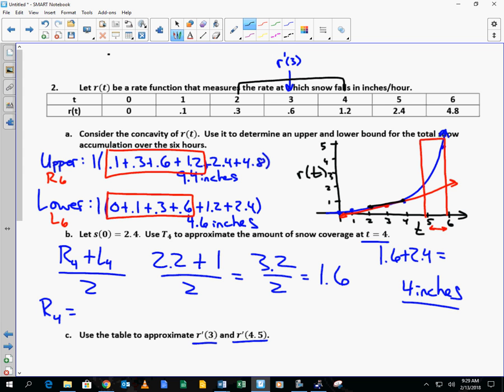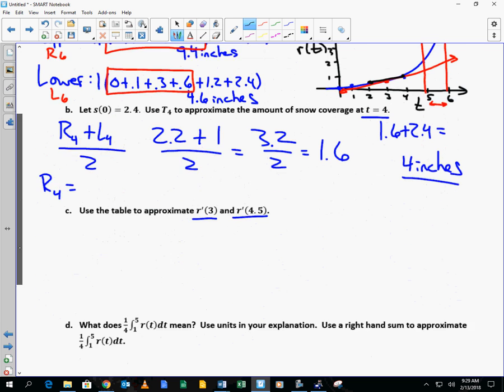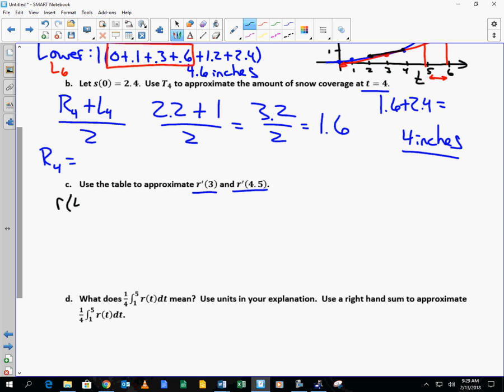Might not be perfect, but it should approximate it. So in order to do that, I will take r of 4 minus r of 2 over 4 minus 2. What is r of 4? 1.2. What's r of 2? 0.3 divided by 2. 0.45 what? Inches per hour squared.